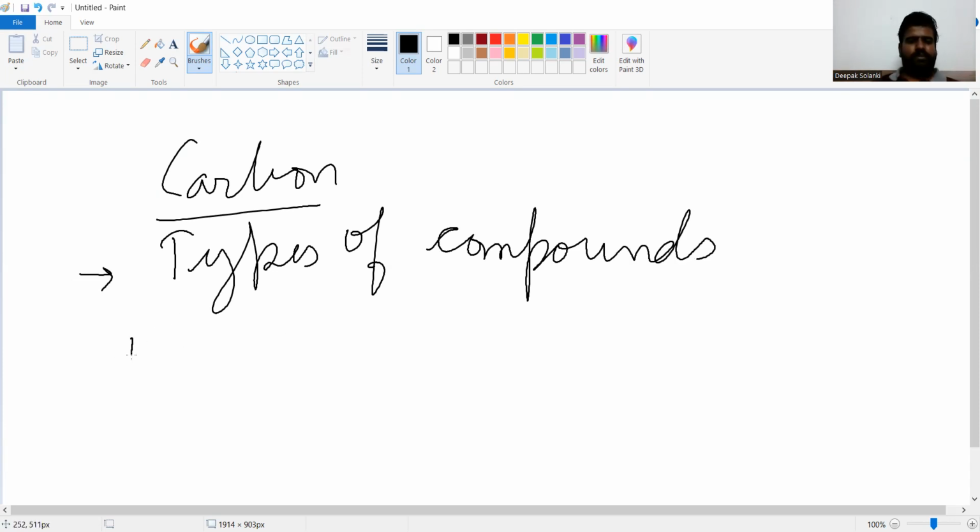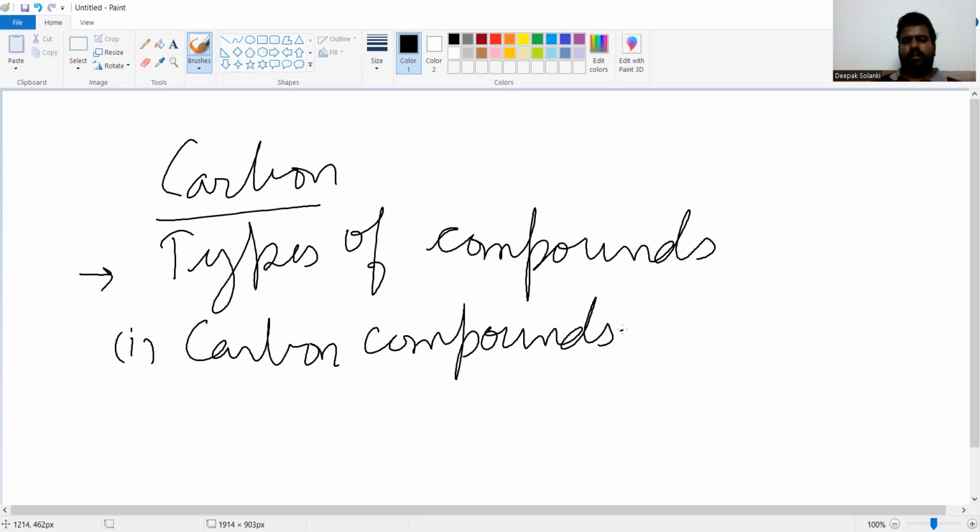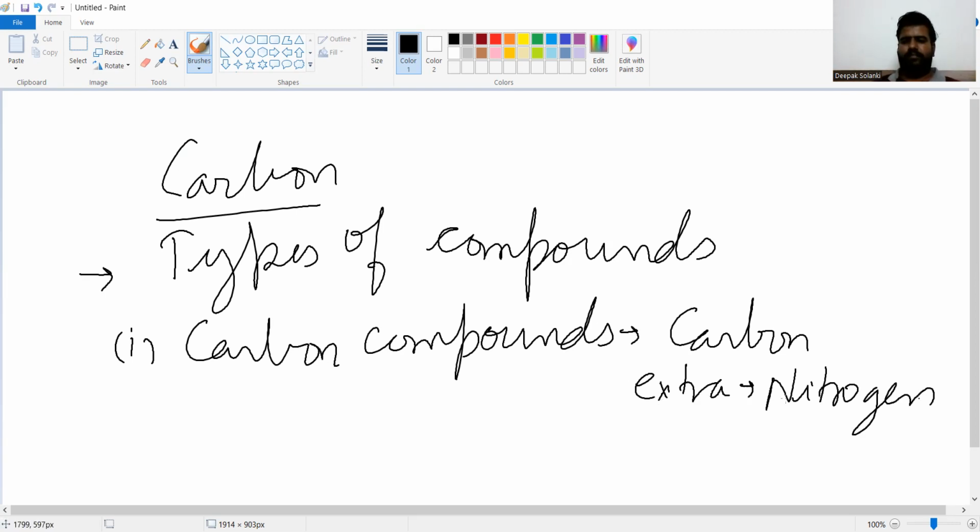There are three types. First of all, carbon compounds, in which carbon is a necessary part, and extra elements like nitrogen and sulfur can also be present. Second one will be organic compounds.